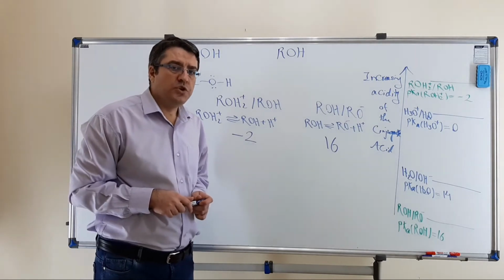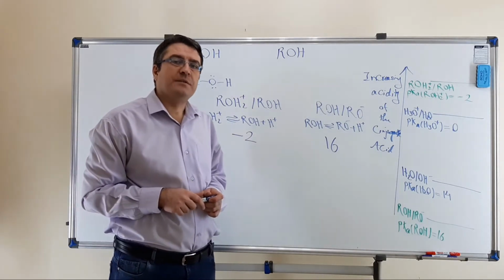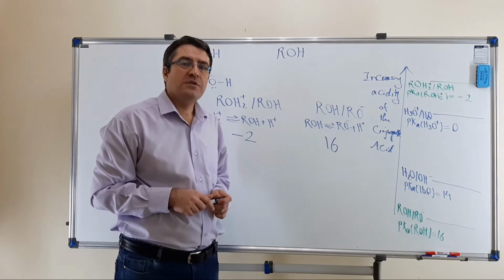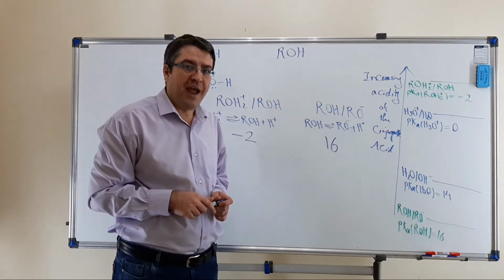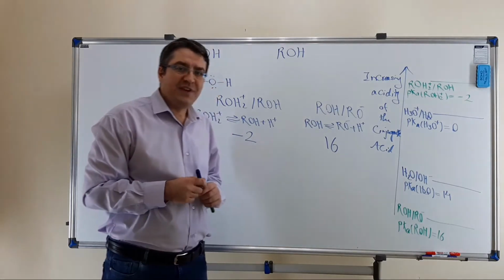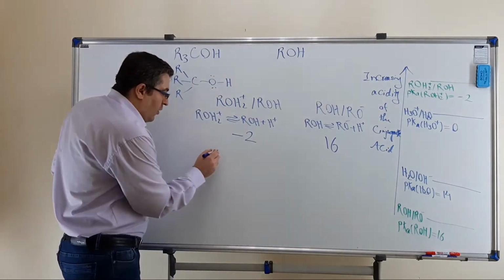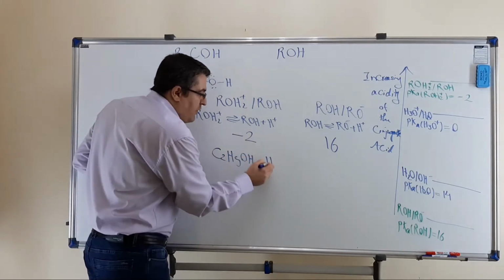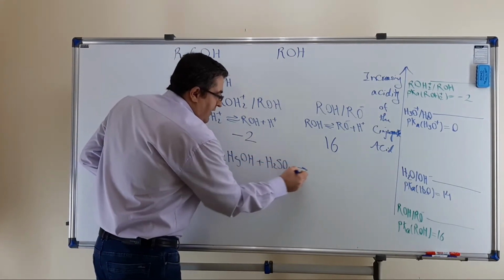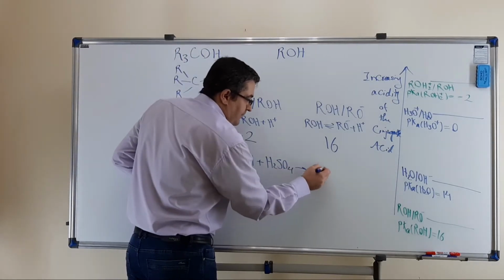It is also good to consider that in addition to acid-base reactions, alcohols can have other reactions such as substitution and elimination reactions. For example, ethanol in pure sulfuric acid reacts in this way.